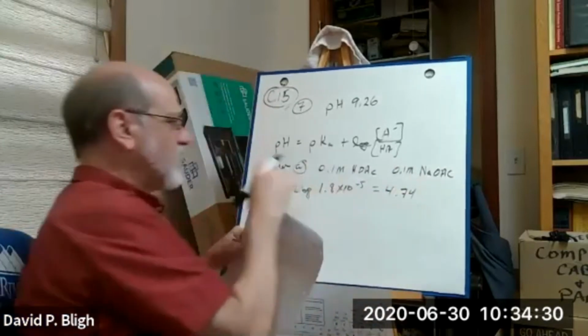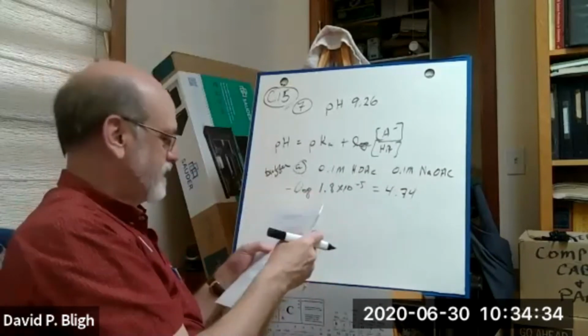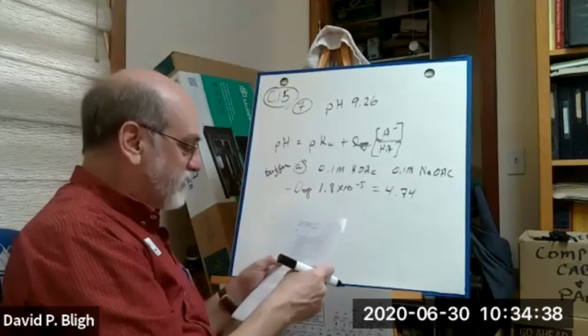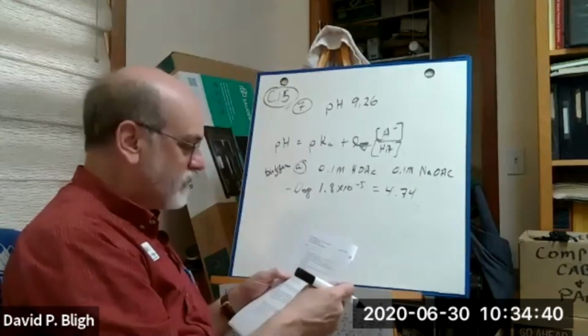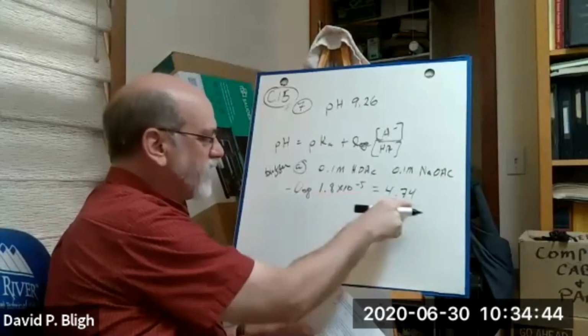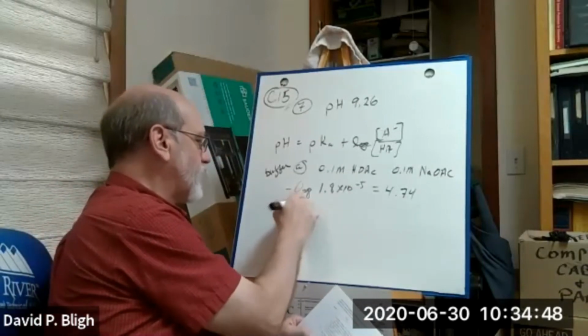Right. So that's a buffer, but it's in the wrong spot. So B can't be it either. Even if it is a buffer, it doesn't work because it's got the wrong pKa. So B is false also.